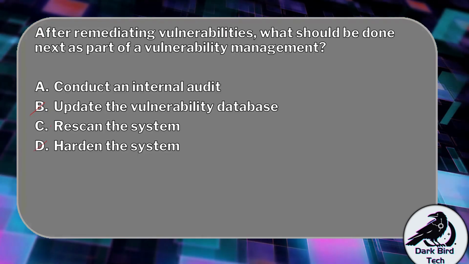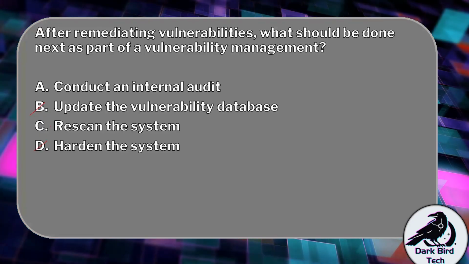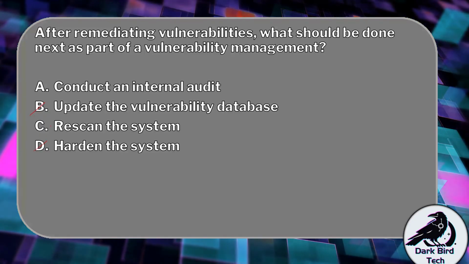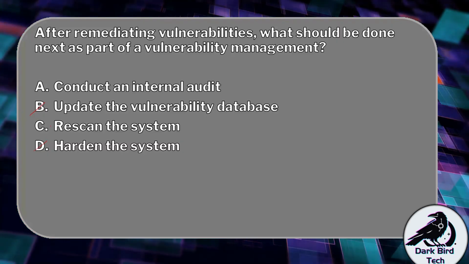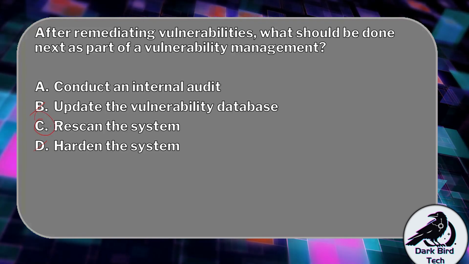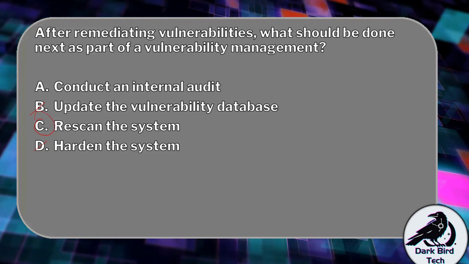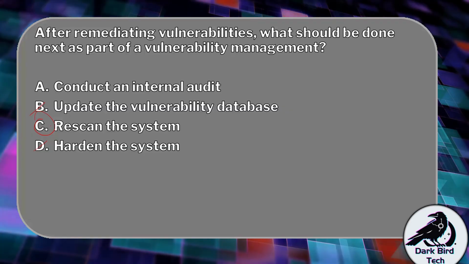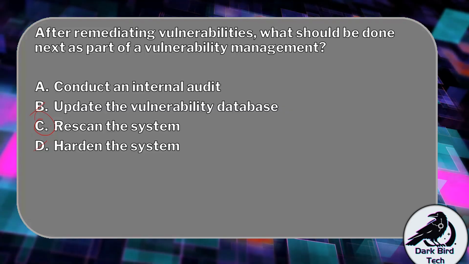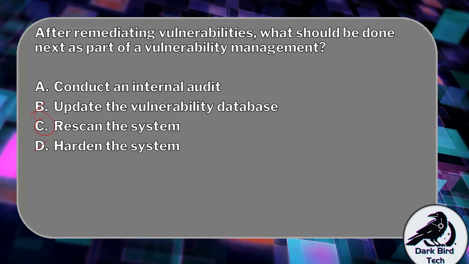So leaving either A and C or A and B, because remember they have to be one or the other. I'm thinking C here. Because if I fix some vulnerabilities, I want to check that they're gone. Rescan the system to see if the vulnerabilities have gone away, decreased, etc. But I definitely leave the databases alone until I'm ready for my next vulnerability management cycle.